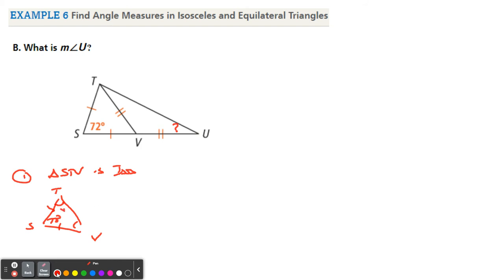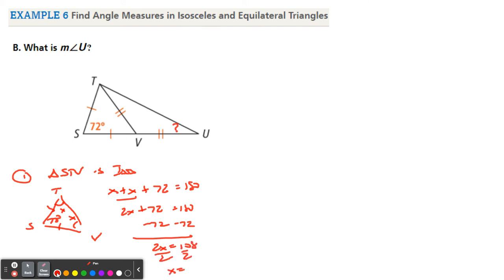So I'm going to call this X and X. So X plus X plus 72 is 180. 2X plus 72 is 180. Subtract 72 on both sides. 2X equals 108. And divide by 2. Your X value is 54. That is the angle here and here. That is this angle right here and this angle right here.